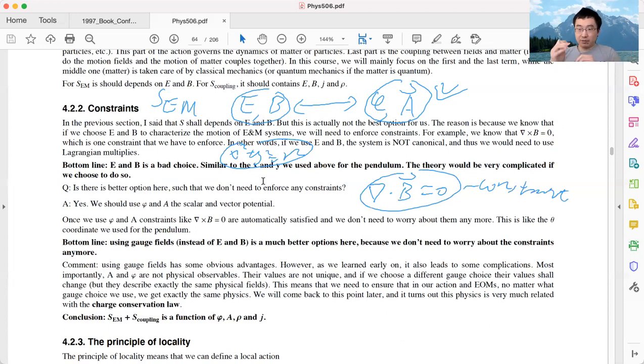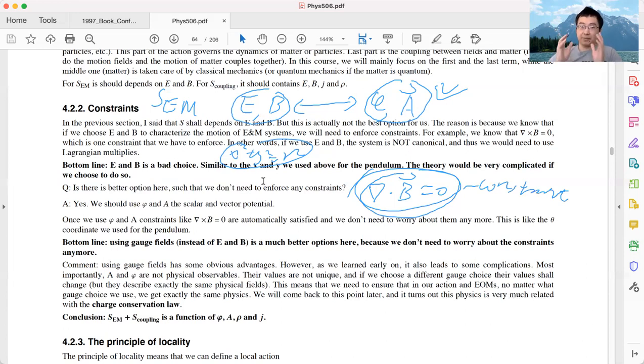If I know Bx and By, I can use this equation to get Bz. In other words, if I use the B field as my coordinate, I need to add an additional Lagrangian multiplier to take care of this constraint. Similarly, there is also a similar constraint on the electric field E, which I need to take care of if I use E and B as my coordinates.